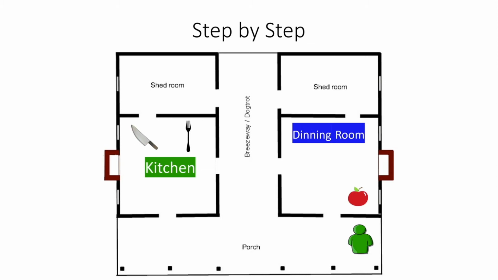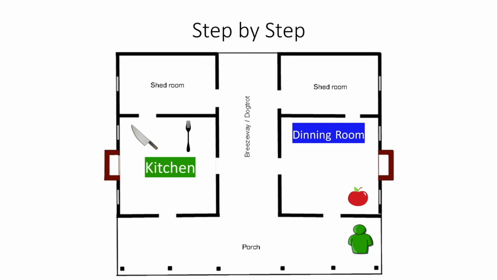Imagine your parents have called you to the dining room because they need a utensil to eat something, and you know that something is a fruit. So, you're in the porch. First of all, you need to get to the dining room.